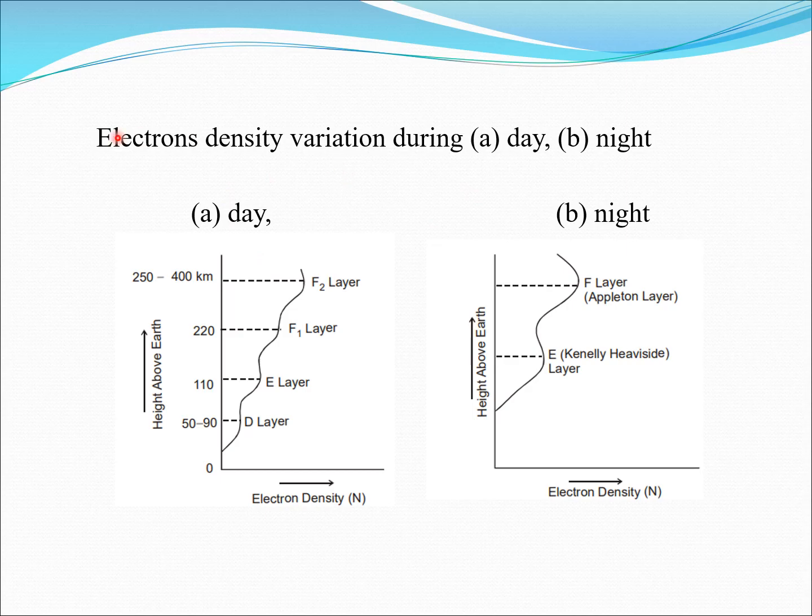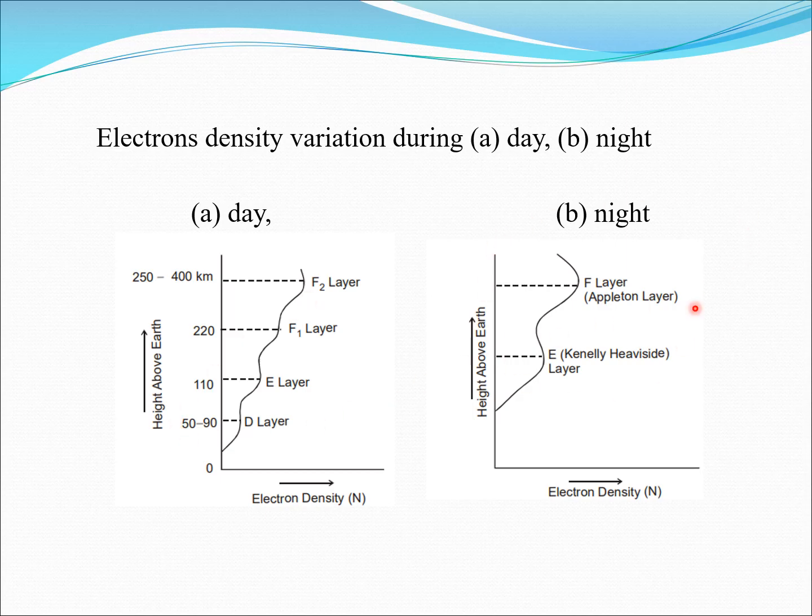Now what happens during day and night? Look at the diagram here, electron density and height above the earth. During day, you have a D layer, E layer, F1 layer and F2 layer. So four layers are visible during the daytime.